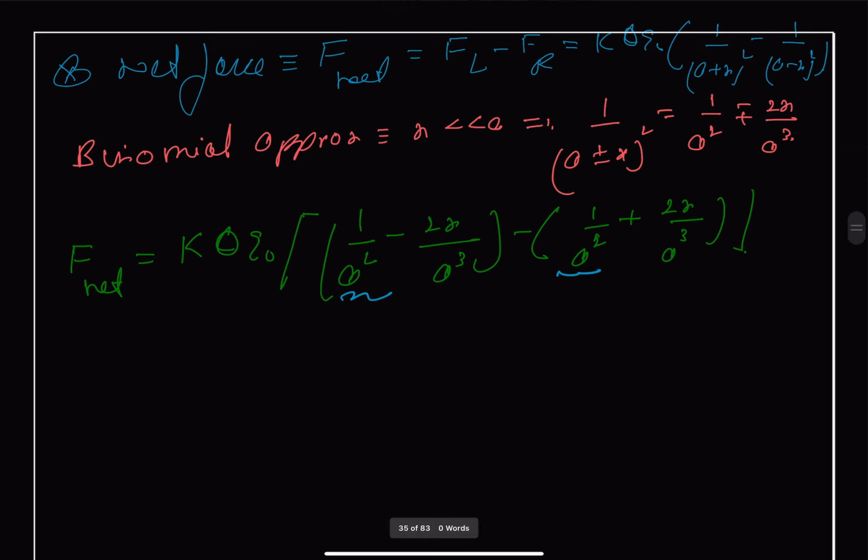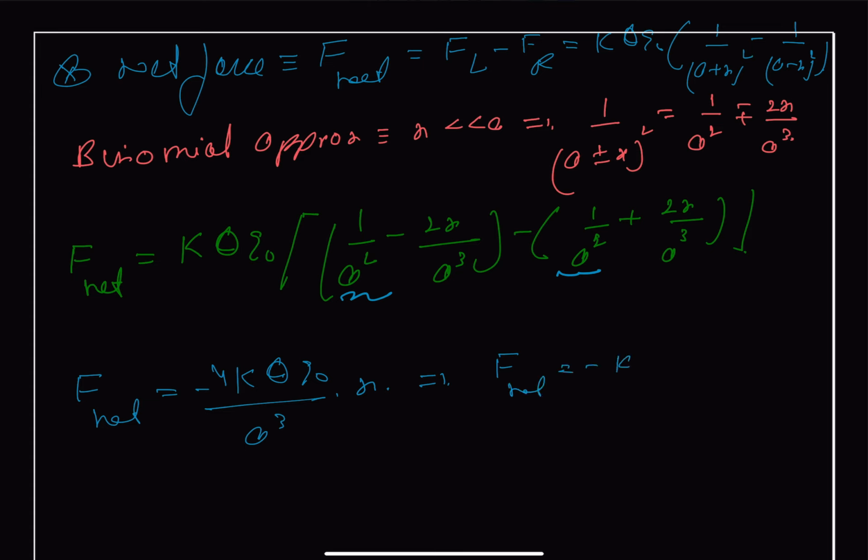Therefore our F net will be equal to minus 4 K Q Q naught upon a cube times x. Obviously from here we can say our F net is equal to minus kx.